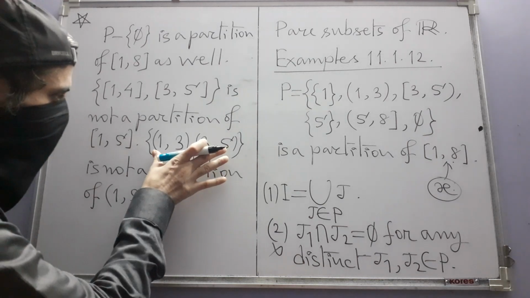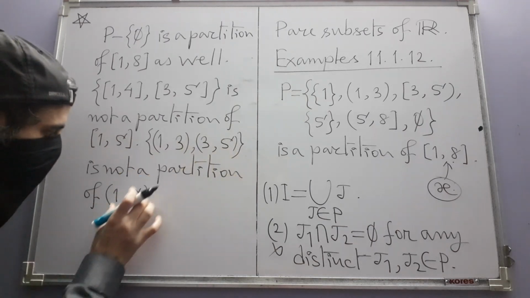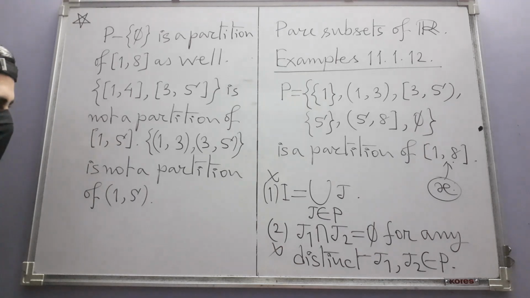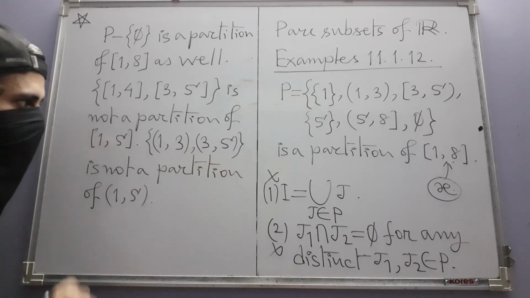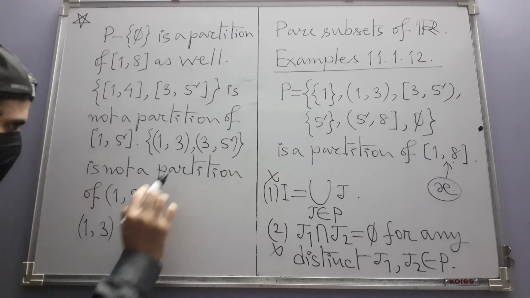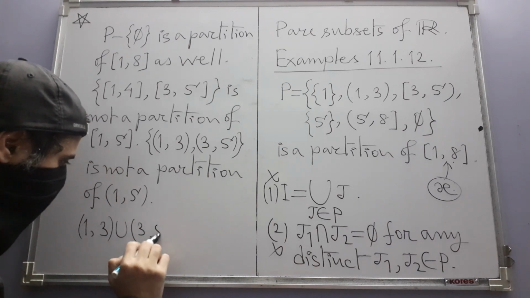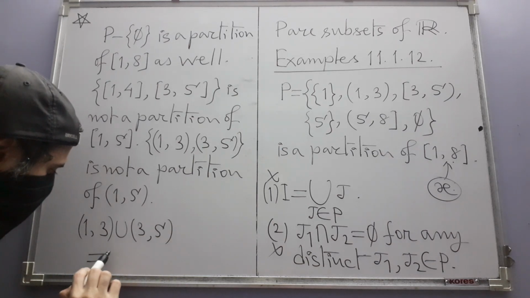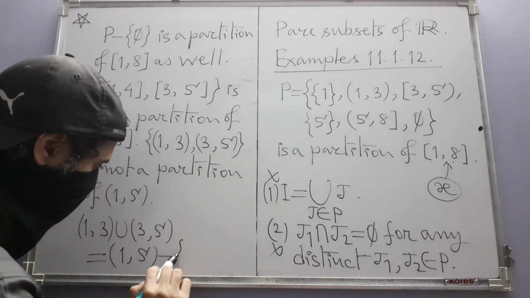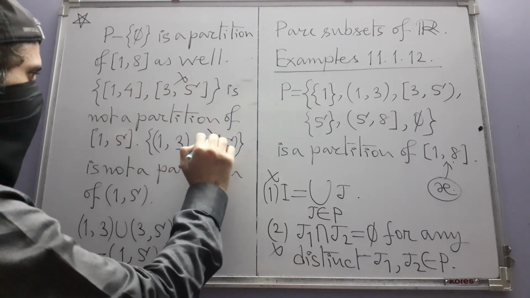Again, you see, this is a finite collection of bounded intervals, each of which is a subset of the given interval. But this time, condition 1 has failed. Why? Because the union of these two intervals does not have 3 in it. This is not equal to the given interval 1, 5. So this is also not a partition.